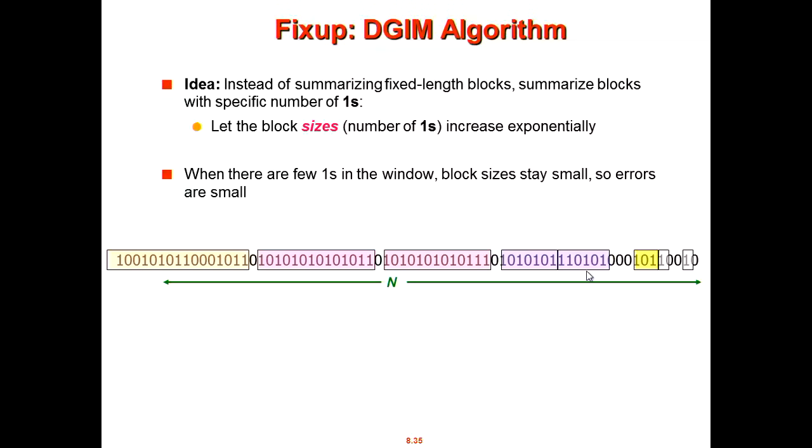But here, each block corresponds to some bits containing some number of ones. So that's the difference. And this block contains 8 ones. Actually, this block and this block contain the same number of ones, but the bits they cover are different.